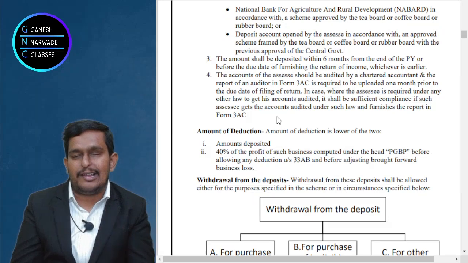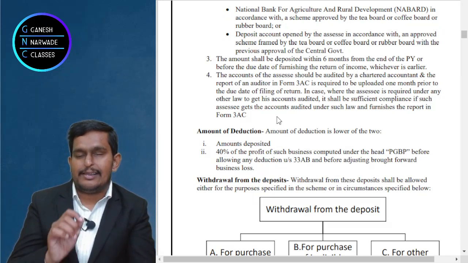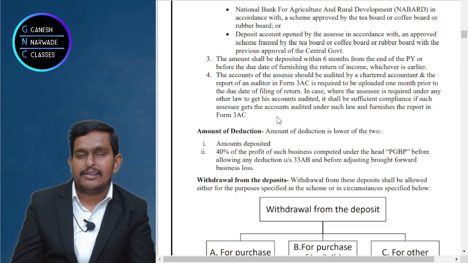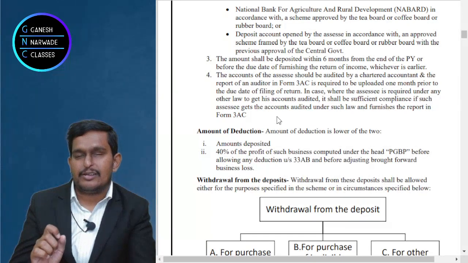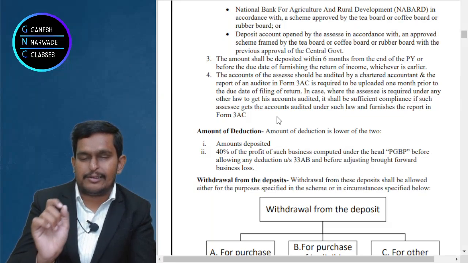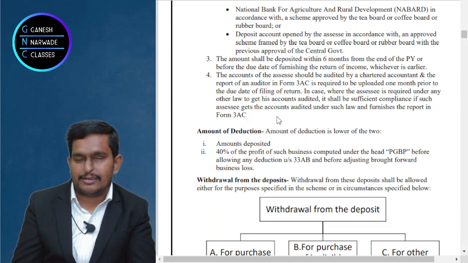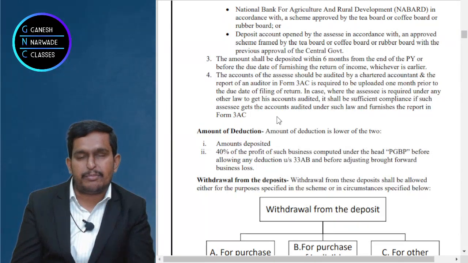Suppose it is an individual assessee, then remember it is either 30th September or 31st July, whichever is earlier, in the assessment year. If it is a company assessee, then 30th September or 31st October, that is the due date of filing returns, whichever is earlier, that is September 30th. Like this you should remember.